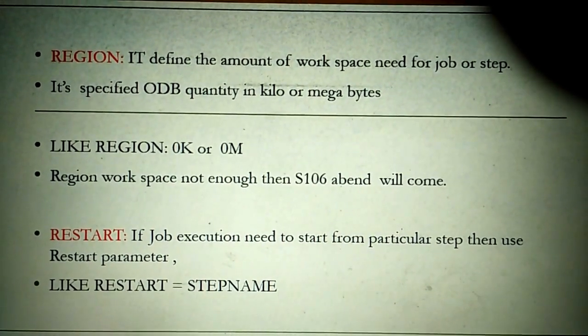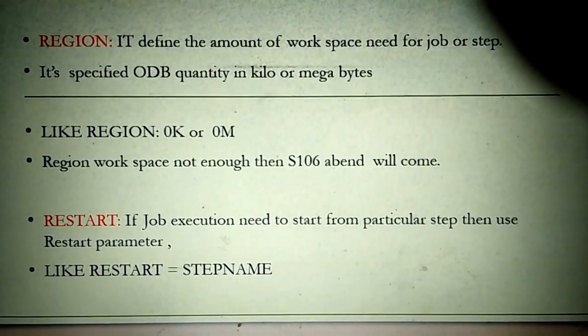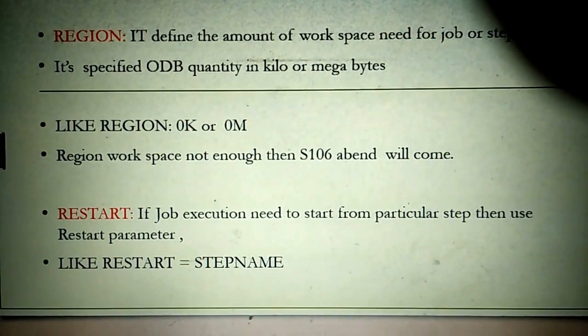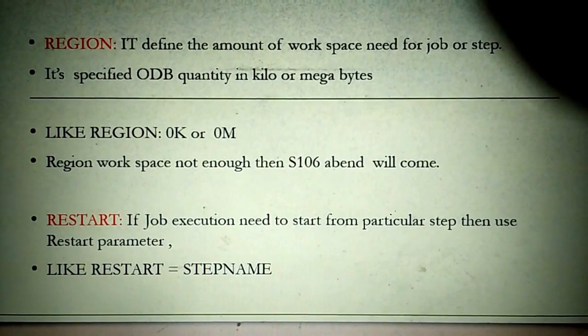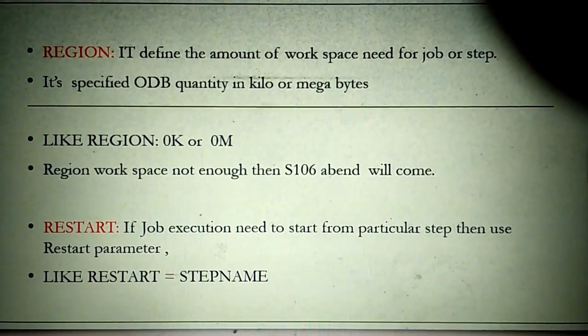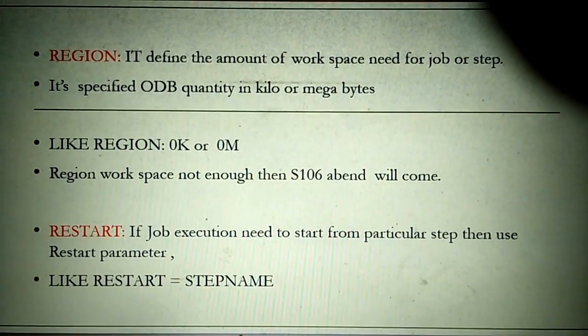So we need to execute from the fifth step very soon. I will use the restart parameter, like restart equal to step name, and give step 5. It will start the execution from the fifth step and skip the first four steps of the job.